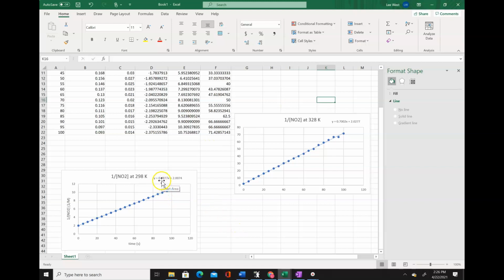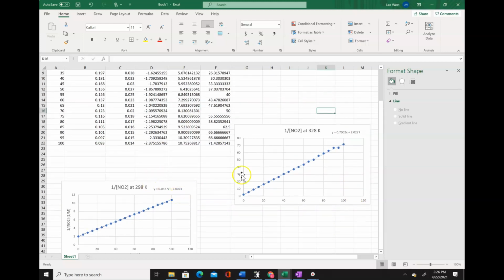So at 298, the rate constant was 0.09, and then at 328, it was 0.7. So it definitely changed by more than a factor of 7. So I feel good about that. So yeah, it's second order, and I have 2 rate constants at 2 temperatures.